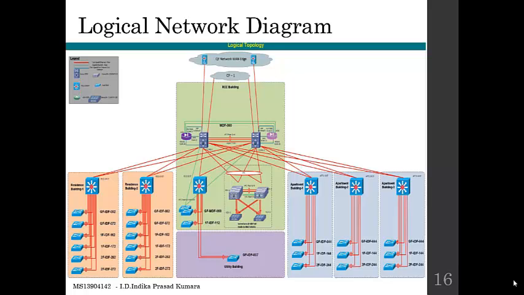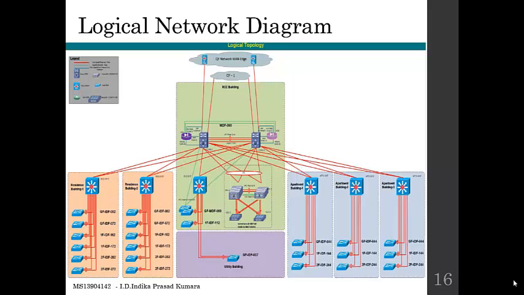So if one power module fails, it will be taken over by the other one, so full redundancy is available in the single chassis. And next, distribution layer switches are connected to access layer switches in each building, and the utility building has only one access layer switch, and it is connected to the RCC building distribution layer switch.